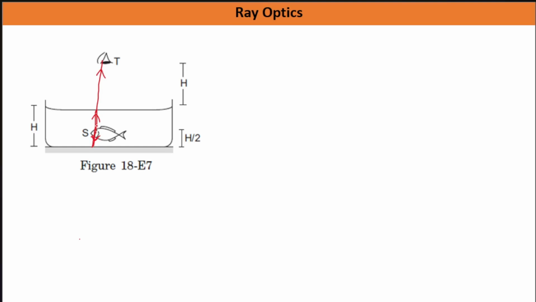Take a second light, this is oblique light, it will reflect at this point, and after reflection, first see where the image is formed by the mirror. So this is one reflected light, this is another reflected light, so the image is here, done. And this will be at a height of h by 2 because the object is at a height of h by 2 from the mirror.